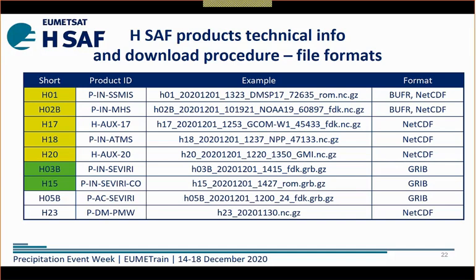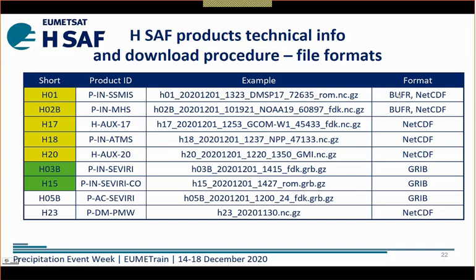This is a summary of all the products I mentioned, with an example of the name which you can find over the FTP web server and the format we are using.